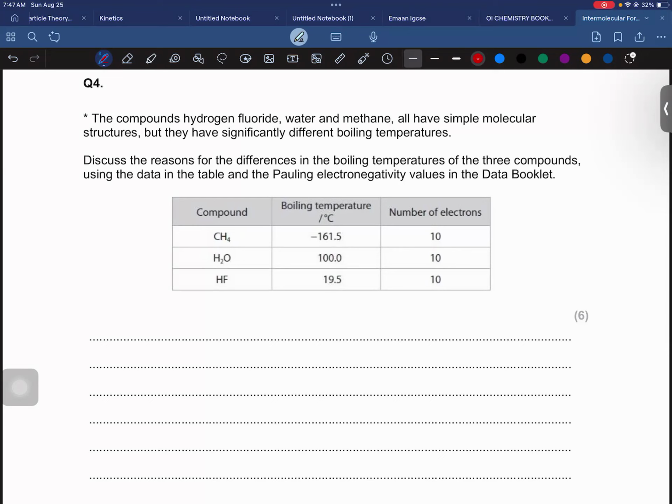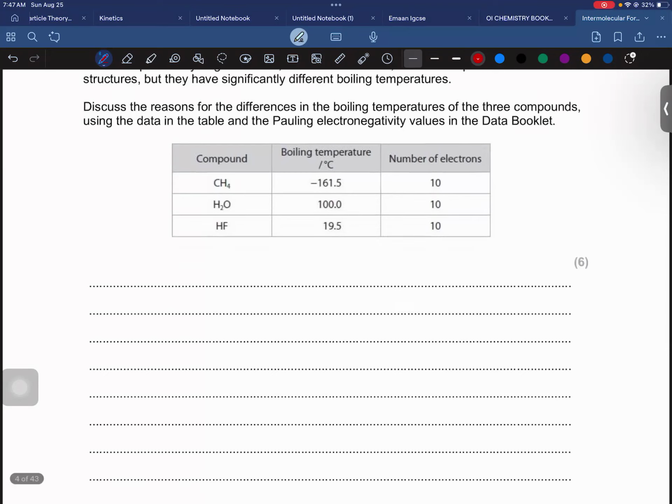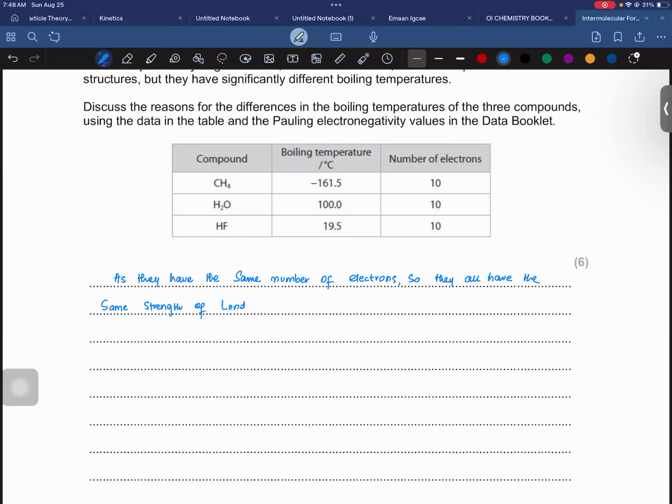So first of all, number one, I would say that as they have the same number of electrons, they all have the same strength of London forces.